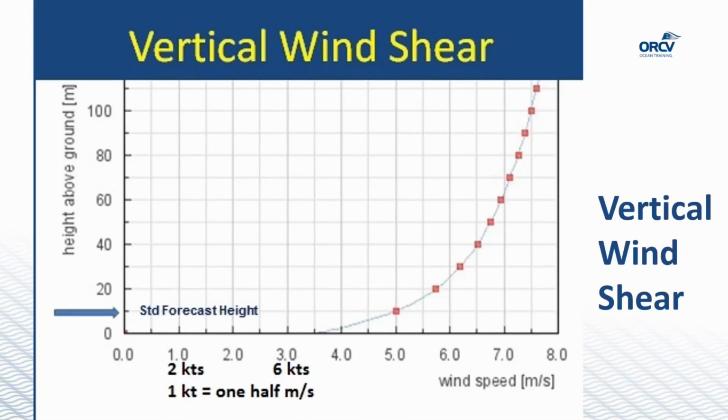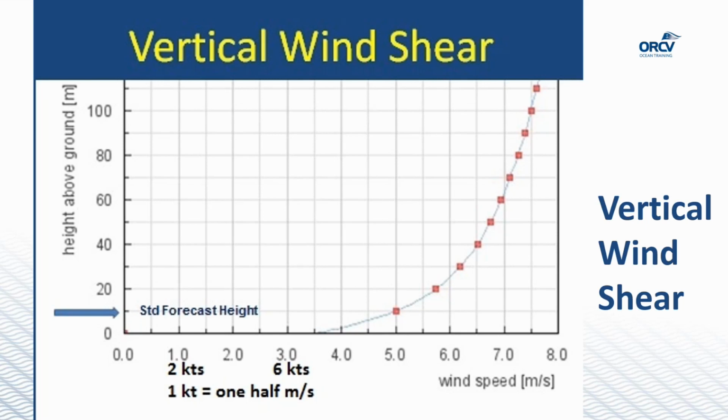Well, tonight might be a little bit challenging for some of you, but I guarantee it'll be interesting. I'm going to talk firstly about vertical wind shear. What this means is that the friction between wind or air and the surface has quite an effect.